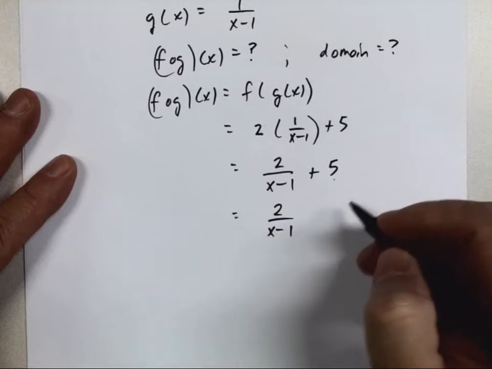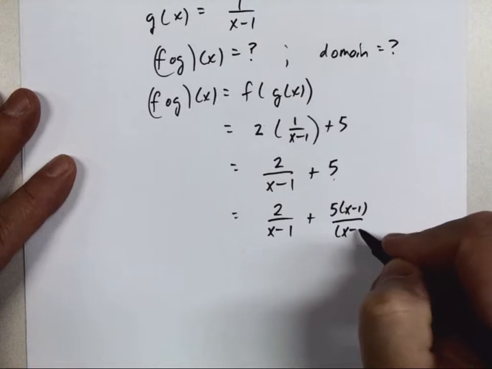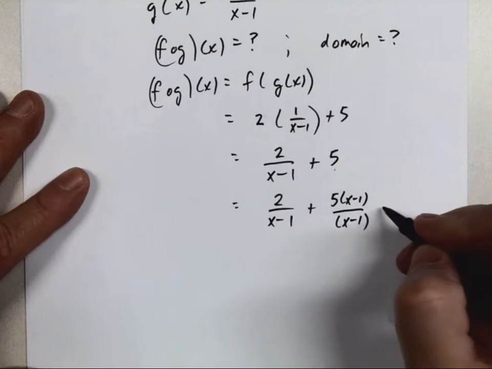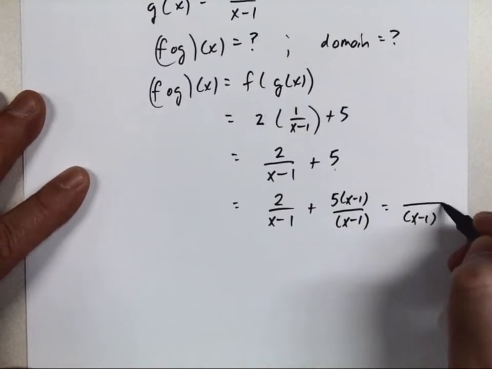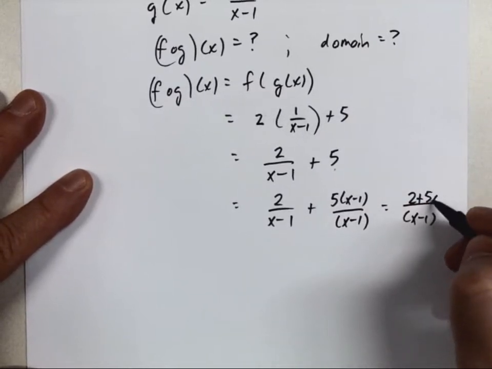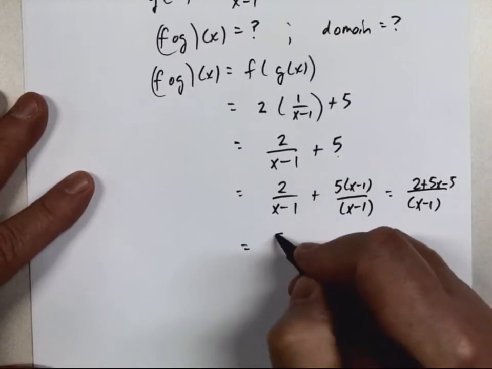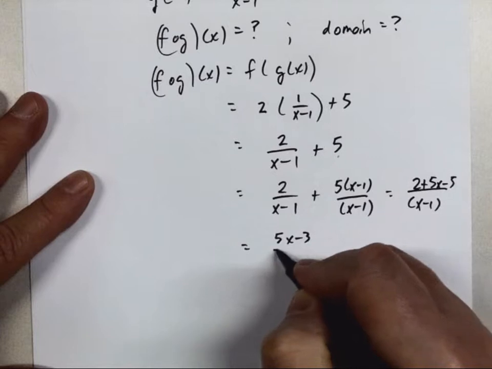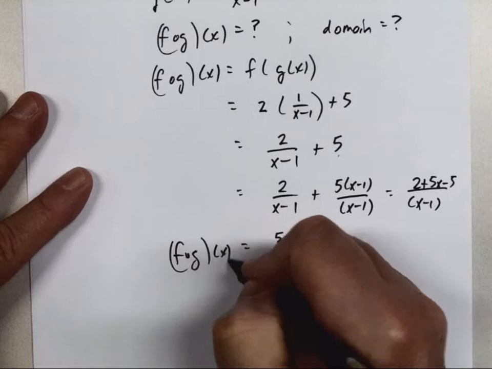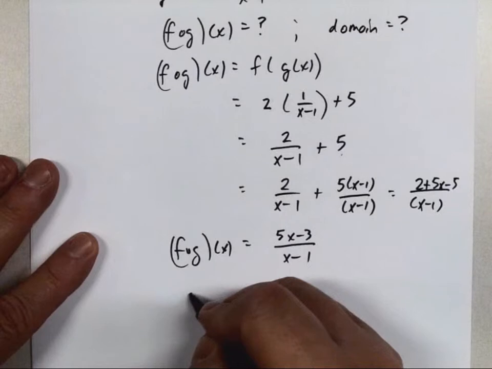So my denominator is going to be x minus 1. I can take this second, get the common denominator. I have 2 plus this, if I multiply it out, 5x minus 5. So there's the composite function.